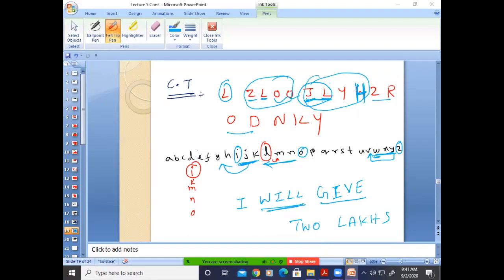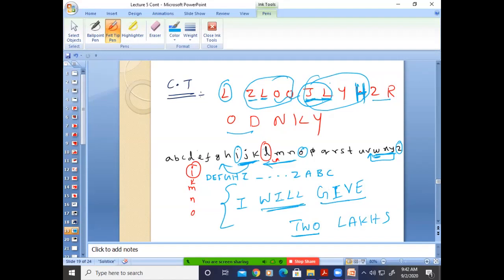Now, as I was trying to convert this plain text to ciphertext, maybe I went wrong somewhere. The technique I used was shifting every letter by three. For A, B, C, D it will be D, E, F, G, H, I, and so on. After Z, we get A, B, C. Now we can go the opposite way.